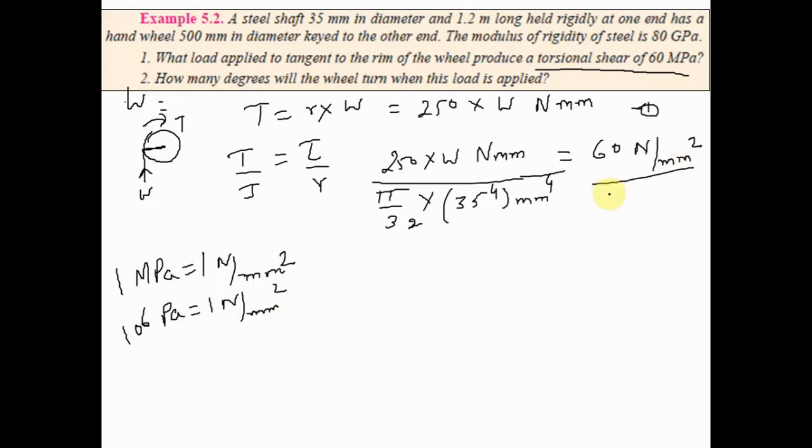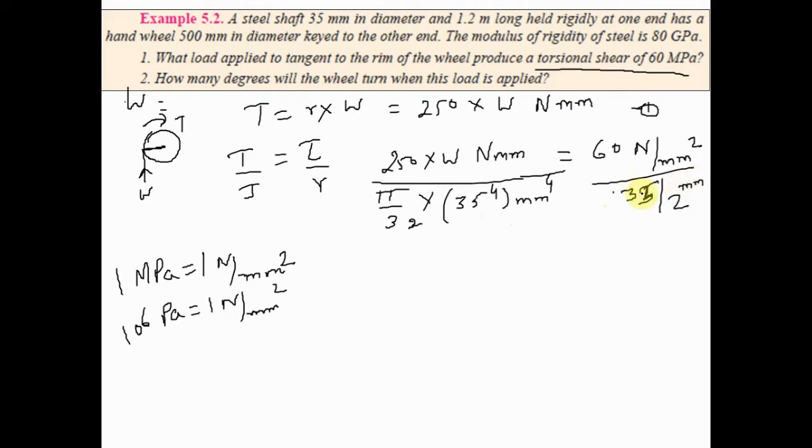The radius is given as 35 by 2, that is 17.5. If you solve this equation, you will get the value of W in Newton. This will be in millimeter, right?